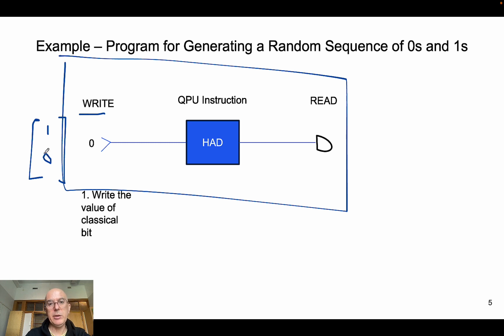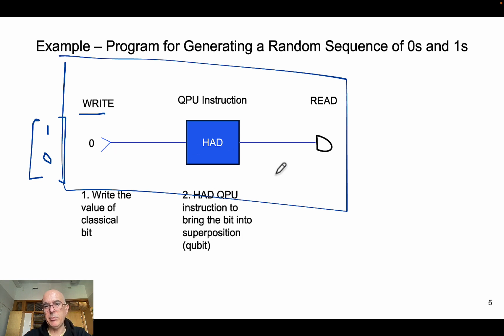This is a quantum bit but also a classical bit, and we can initialize it. We apply a transformation. In this case, I'm using the Hadamard gate, a gate that is used to bring the bit into an equal superposition of states 0 and 1.